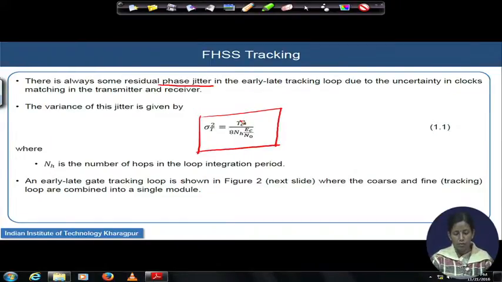It is a function of all these 4 parameters: TC, EC, SNR, and NH.